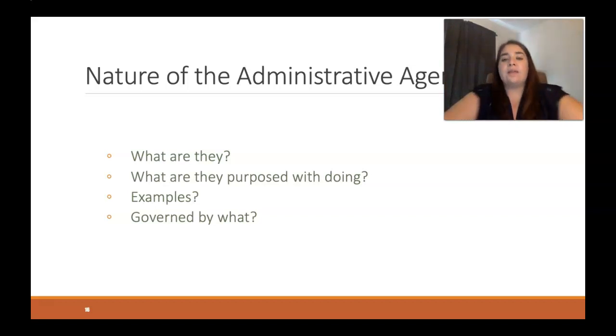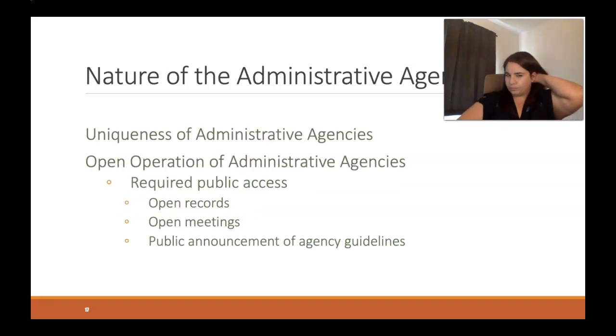And then ultimately, they are governed by Congress. I know you're all really excited about that. So Congress creates administrative agencies, determines the scope of an administrative agency's ability to regulate, and ultimately will approve their regulations after they go through the public approval process.